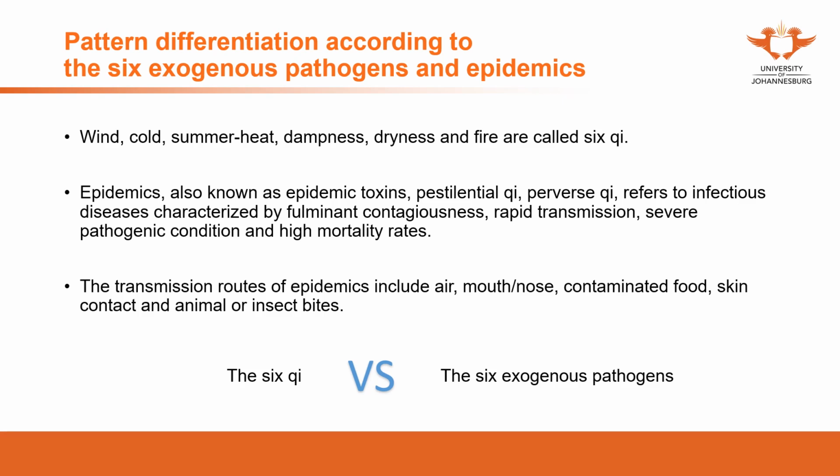If they do not cause disease on the human body, that's the normal environment, normal factors that balance the environment. Once they cause disease, we call them the 6 exogenous pathogens.